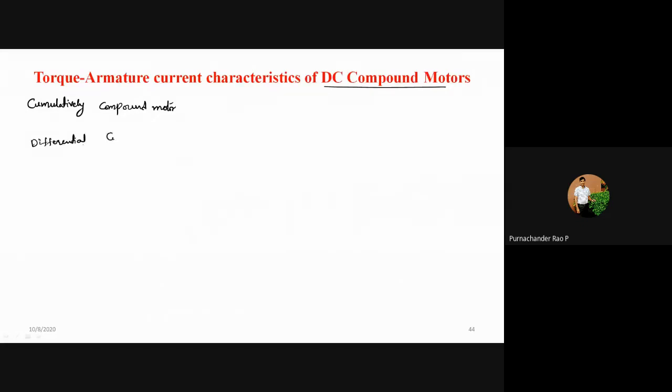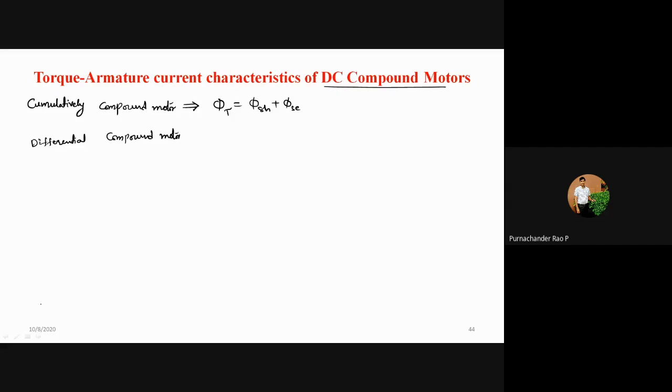In cumulatively compound motors, your resultant flux phi T will be equal to the sum of the shunt field flux and the series field flux.